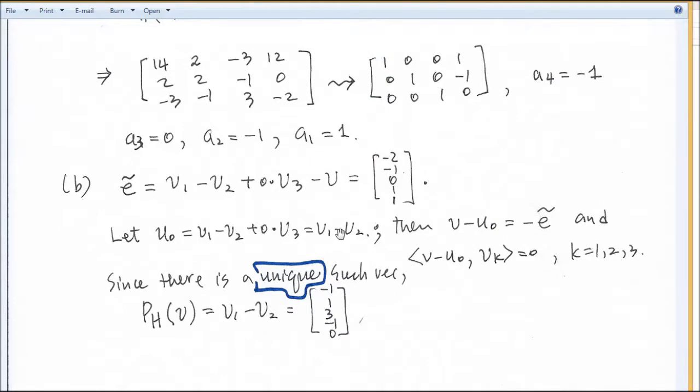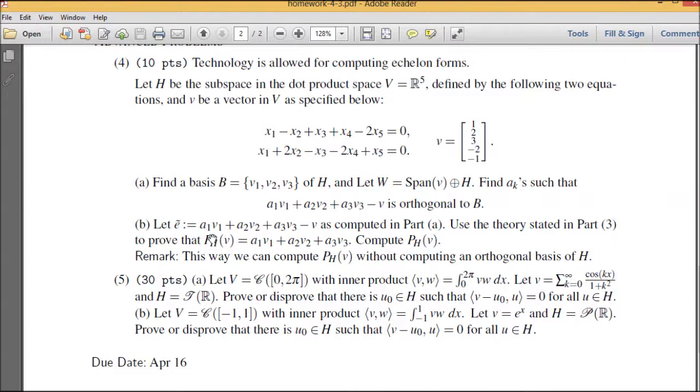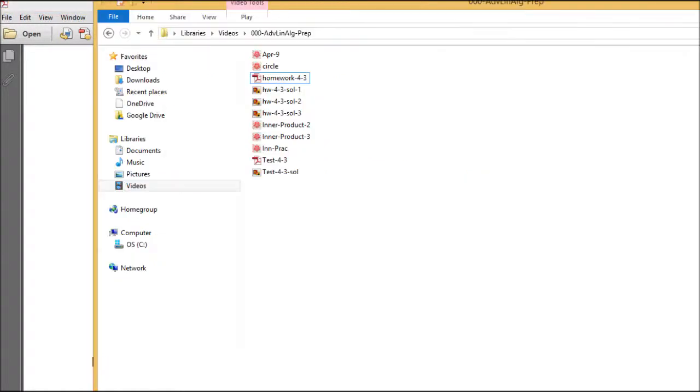So I have that, and what was the condition here? You're supposed to show that this first 3 combination, V1 minus V2 plus V3, is a projection, right? That was a part 2 question. You're supposed to show that this A1 V1, A2 V2, A3 V3 that I've just calculated here is really the projection. Okay? So what was the theoretical description of that projection?